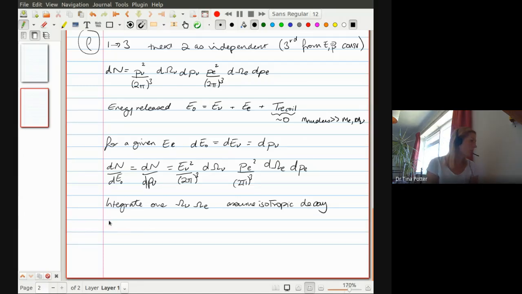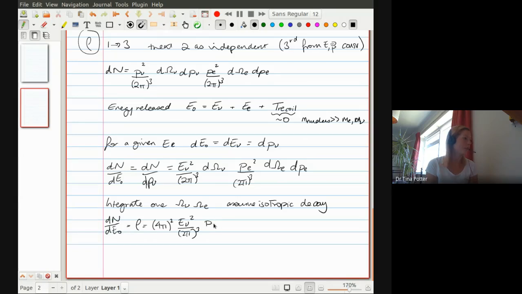Right, so our dN, dE0, this is our density of final states that we're looking for. We're going to get 2 factors of 4 pi coming from the integration over these 2 solid angles. We've got our energy squared, we've got our 2 pi cubed, still.